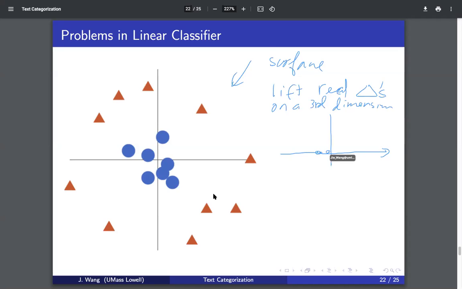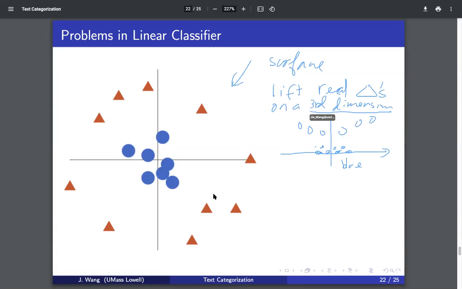All the blue points still stay here or approximately here. So these are still blue. But the red ones are now up there in this projection, right? This is the view from the third dimension.